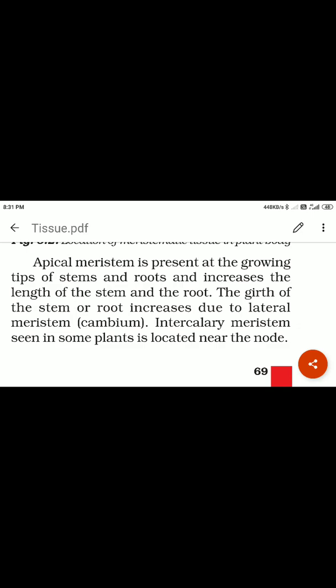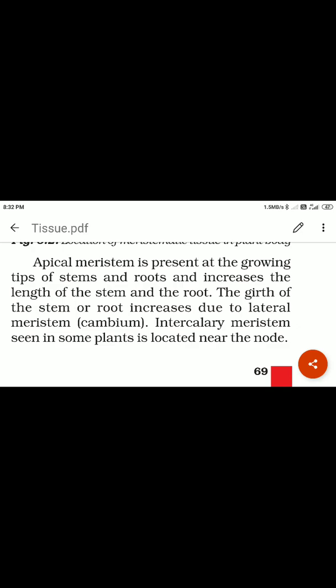The girth of the stem or root increases due to the lateral meristem, the cambium. And the intercalary meristem, seen in some plants, is located near the nodes.